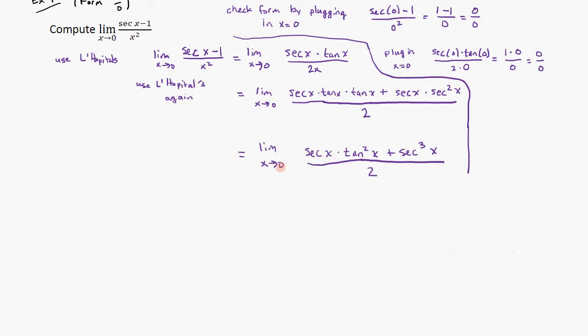Again, we try to plug in x equals 0 to see what we get. We have secant of 0 times tangent squared of 0 plus secant cubed of 0, all over 2.